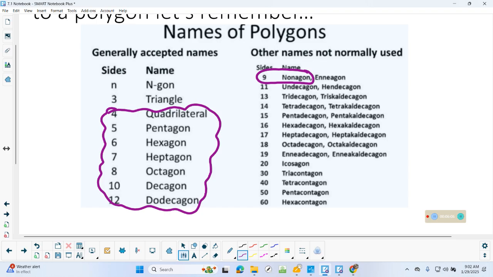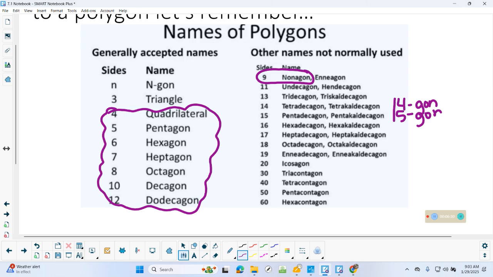Really hope we would never have to draw such a thing, but you can have a figure with 34 sides on it, okay? Once you get to those larger numbers, even like 14, I don't expect you to memorize tetradecagon. You can just call it a 14-gon or a 15-gon. That's kind of the generic way to name those, and that's what we're going to use too.